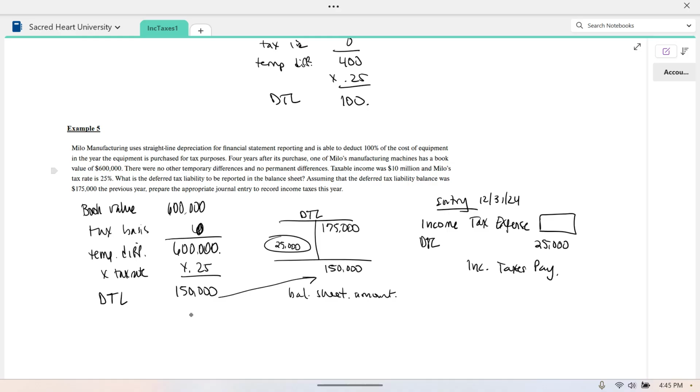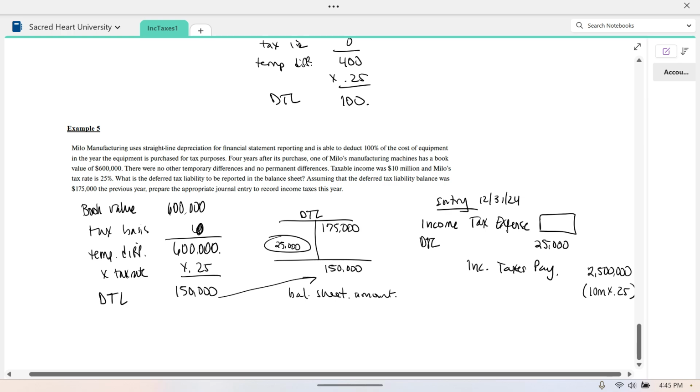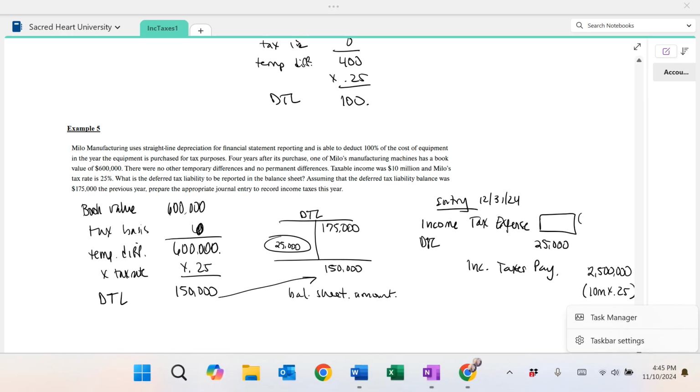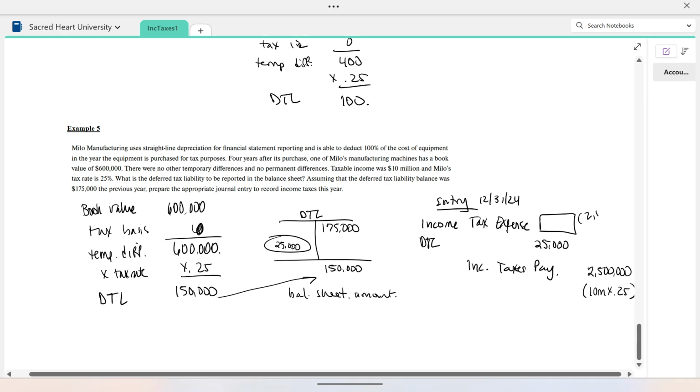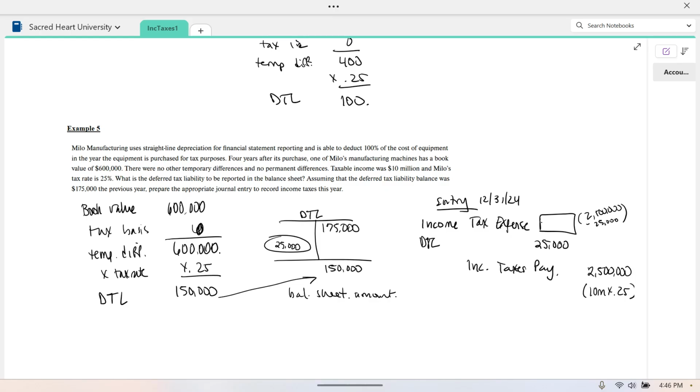Taxable income was 10 million and the rate is 25%. So our income taxes payable is 2.5 million. And so our income tax expense is the 2.5 million minus the 25,000 decrease to our deferred tax liability, or 2,475,000.